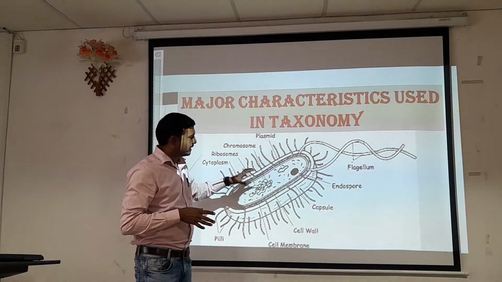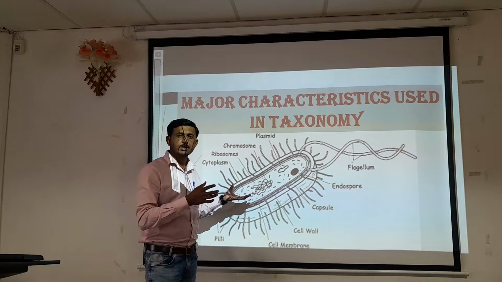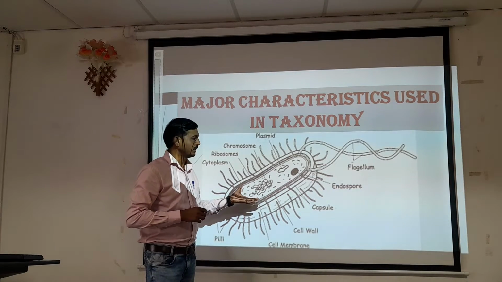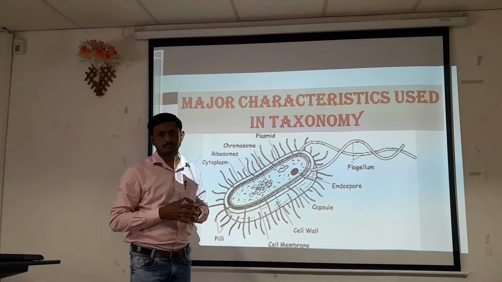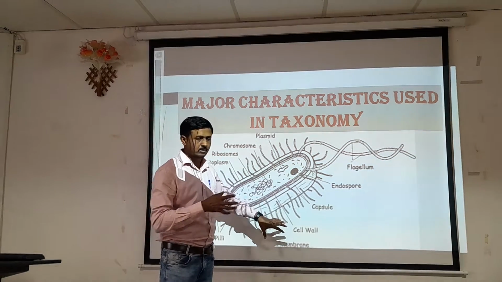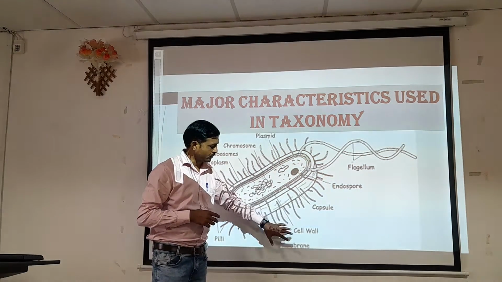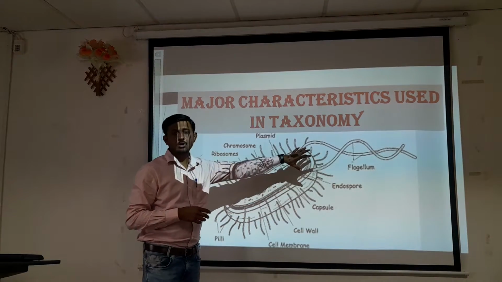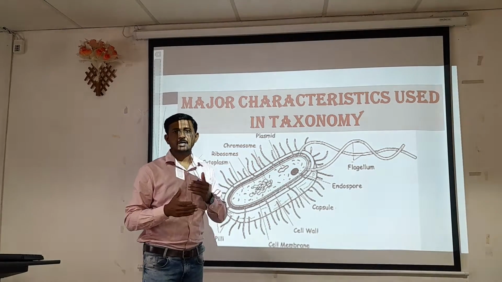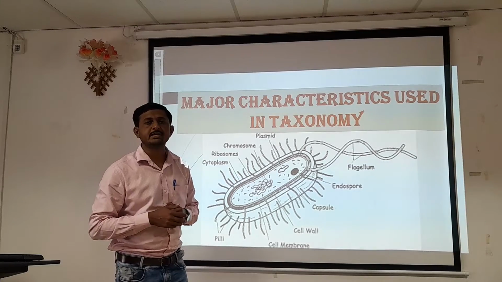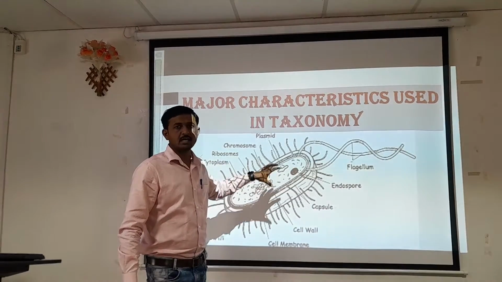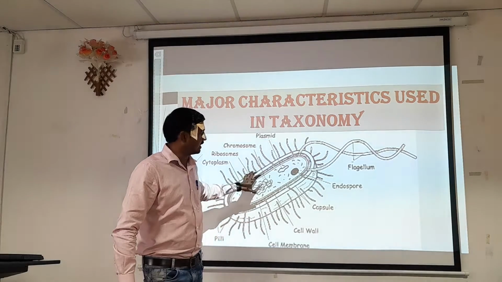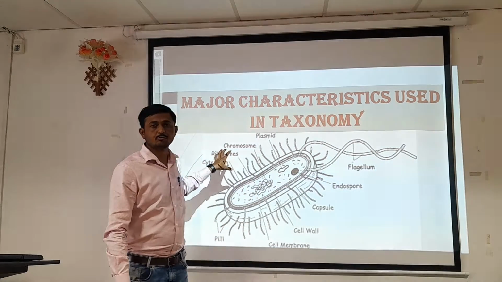So it is a microscopic view of a particular bacterial cell, and now we discuss how, for the observation of capsule, cell wall, endospore, or flagella, we have to carry out a separate staining procedure, so that we can see the flagella, the motility of the bacteria, the capsule, or the endospore.